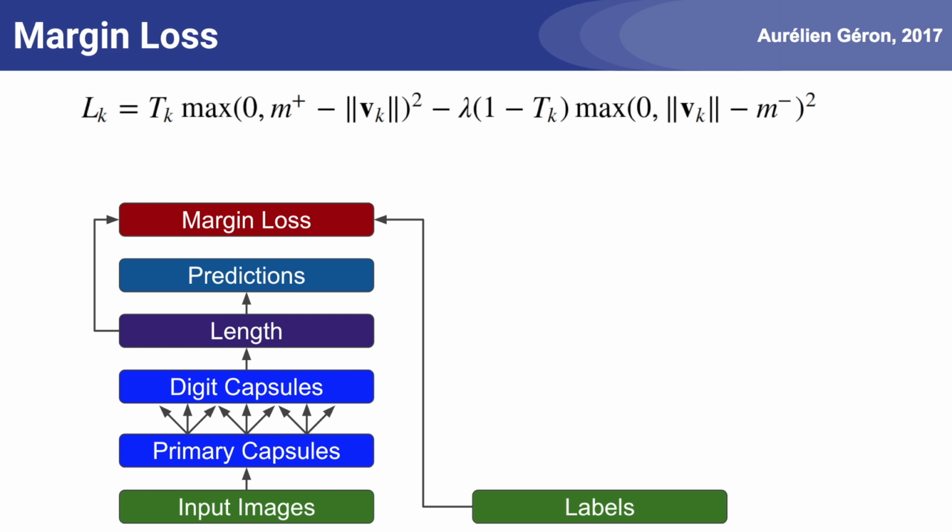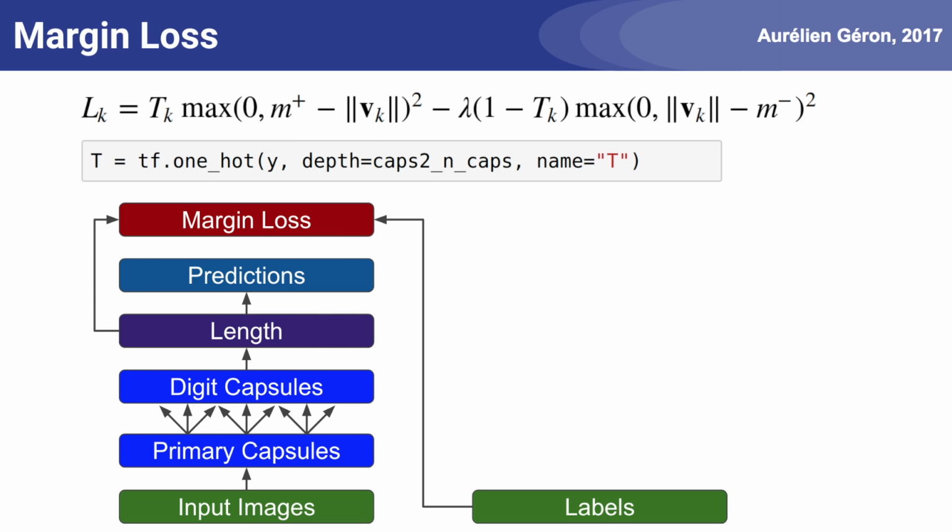The only trick is to understand how you can easily compute all the t_k values. For a given instance, t_k is equal to 1 if a digit of class k is present in the image, otherwise it's equal to 0. So you can get all the t_k values for each instance by simply converting the labels to a one-hot representation. For example, if an instance label is 3, then for this instance, T will contain a 10-dimensional vector full of zeros except for a 1 at index 3.